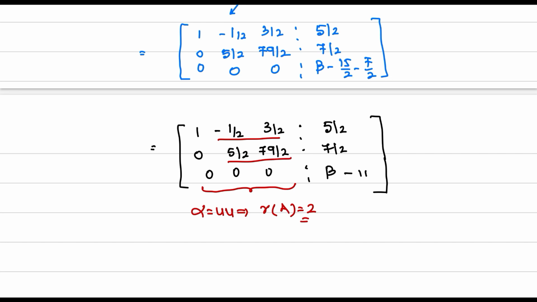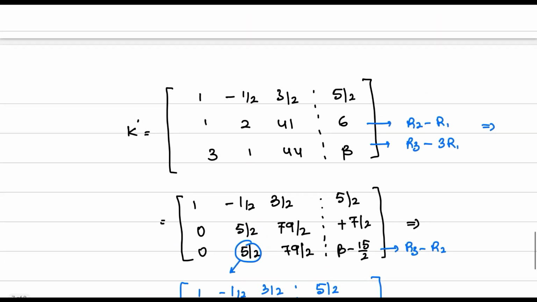Now, rank of K, this is the augmented matrix, rank of K that is equal to R dash, should not be 2. What is the condition we wanted?